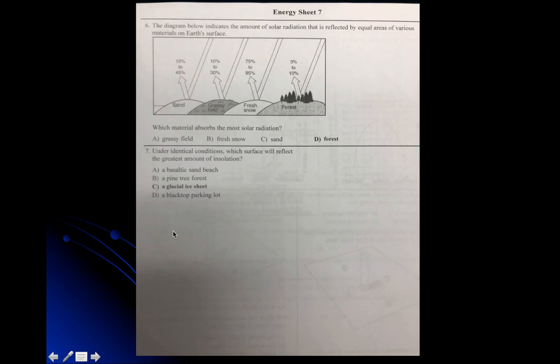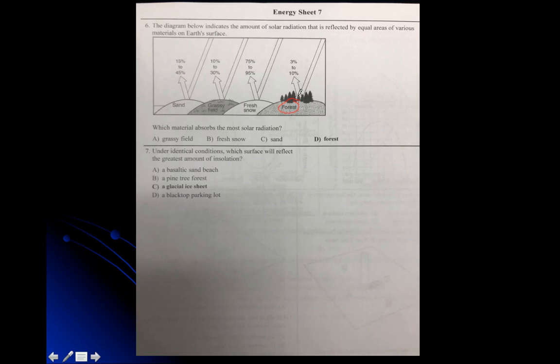And I think I even told you that the best absorber on Earth is a forest. And you can see a forest only reflects 3 to 10%, meaning that it absorbs somewhere between 90 to 97% of the sun's energy.